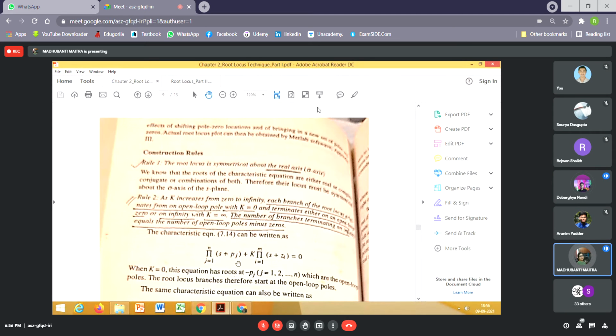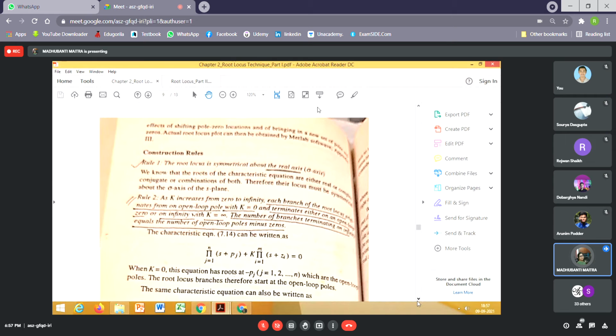Yes, ma'am. So what are these minus pj's? The minus pj's are the locations of the open loop poles of the system on the S plane. So when the value of gain k is equal to 0, n number of root branches will originate from n number of open loop poles.